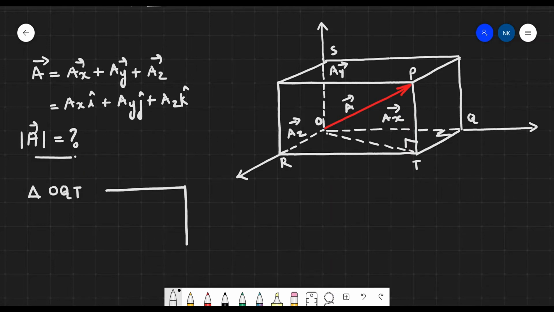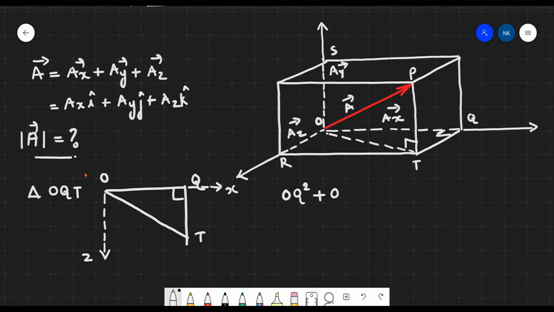If you consider that triangle, this is O, this is Q, this is T, and this is the top view. That means this is the x-axis, and here this is your z-axis. From here you know that OQ square plus QT square equals OT square.